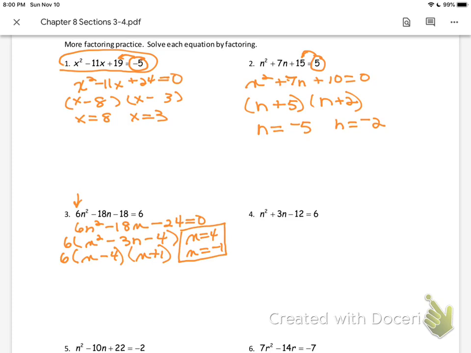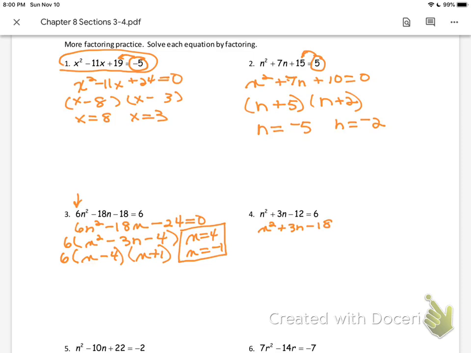Once again, bring the 6 in. So when you do that, you subtract 6 from both sides, and you get n squared plus 3n minus 18. Again, you don't need to do decomposition for this. What multiplies to a negative 18 and adds to 3?